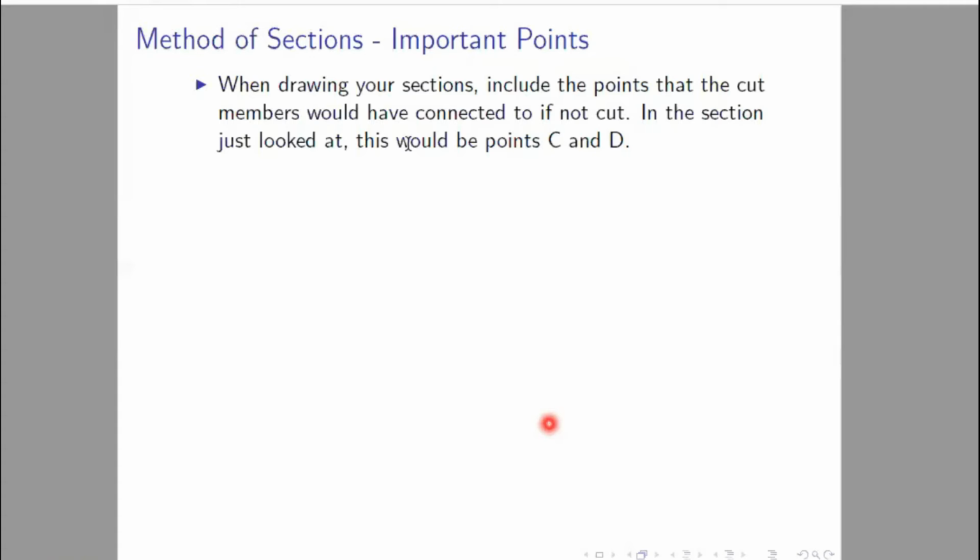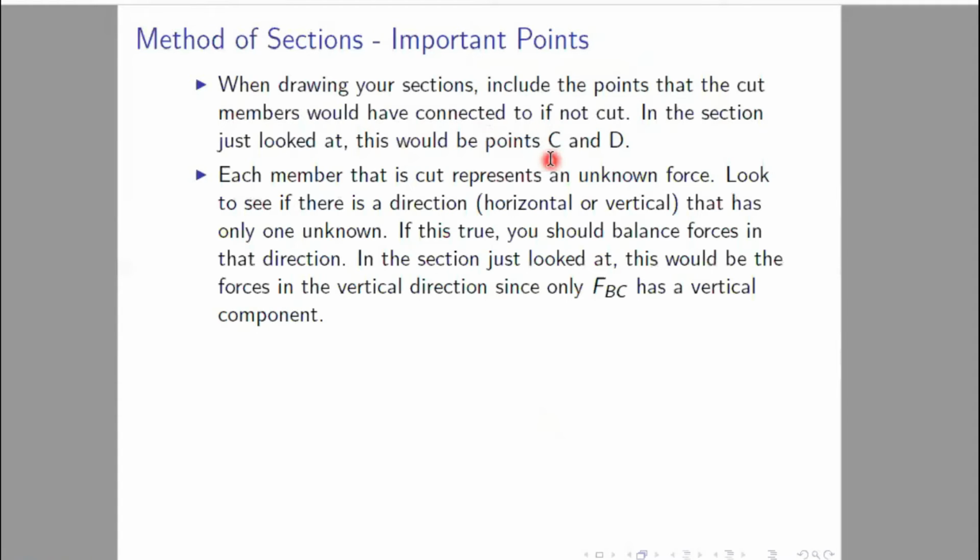When drawing your section, include the points that the cut member would have connected to if not cut. This is very important: when you are drawing your section, you must include the points that the members would have connected to. If not, then you will not get the value of that particular point.